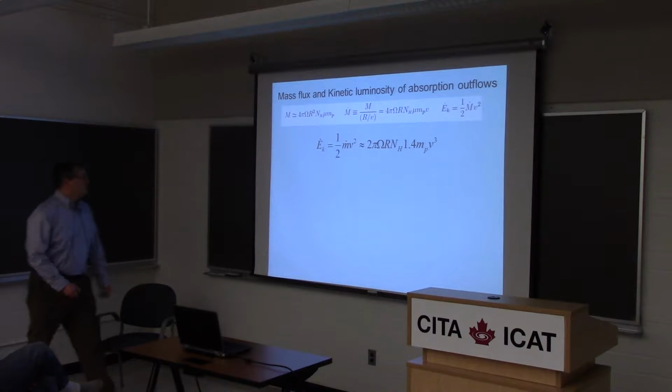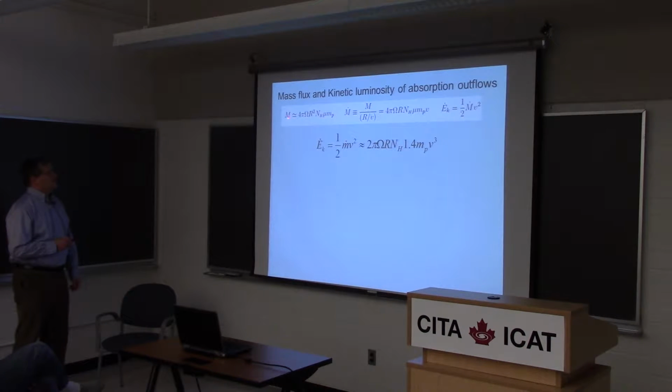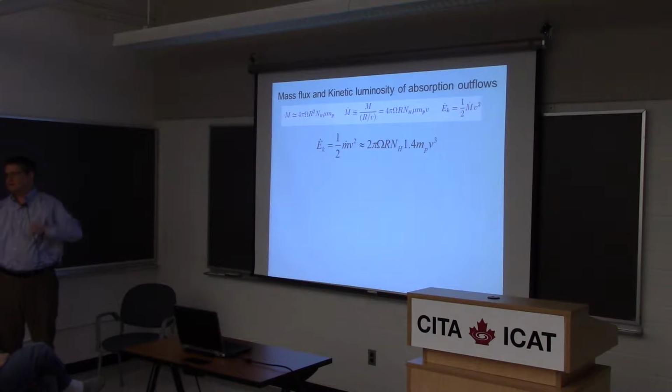Well, it's quite simple. If you think about it, in the model I showed you, the total mass of the sphere will be 4 pi omega times r squared times nH times this coefficient, which is the mean molecular weight of the plasma, times the mass of the proton. That will give you basically the mass per unit area, and this is the area here. And then we use the simplest approximation for the mass flux and kinetic luminosity.